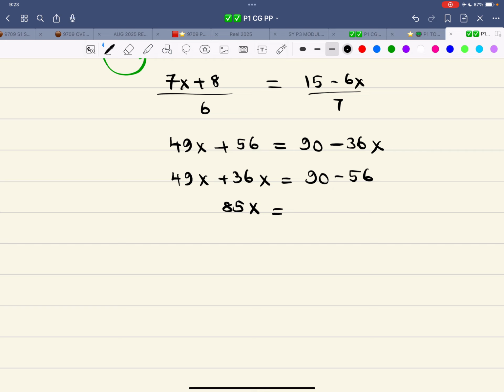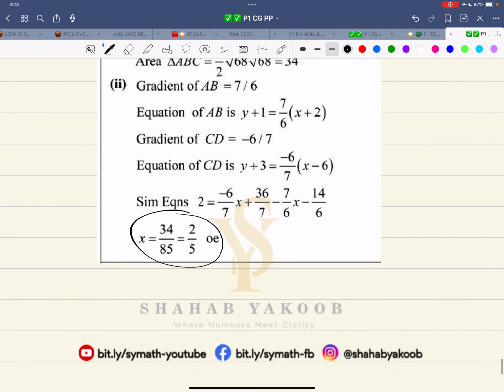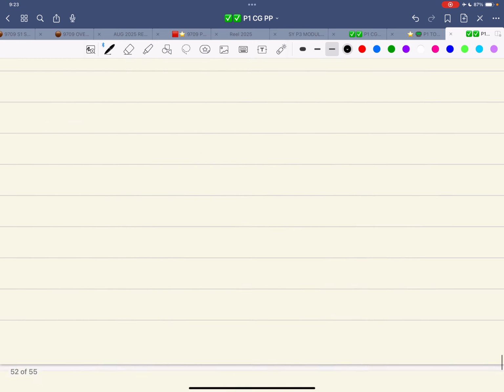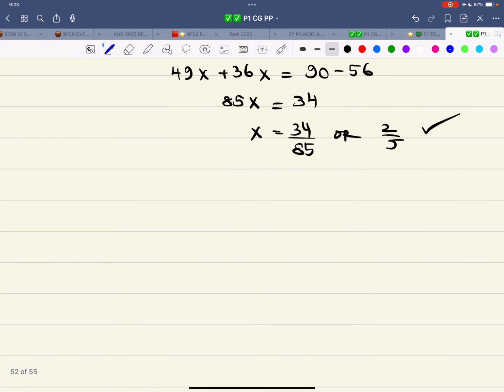That is 34. So x is 34 over 85. So now let's double check. Okay, now we got a weird answer. Yes, and that's correct. 34 over 85. That means this is after simplification, that is 2/5. So that is how this particular question is done.